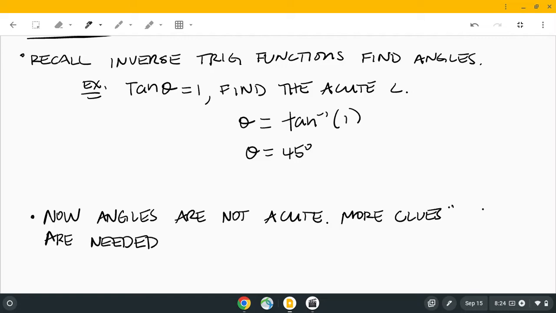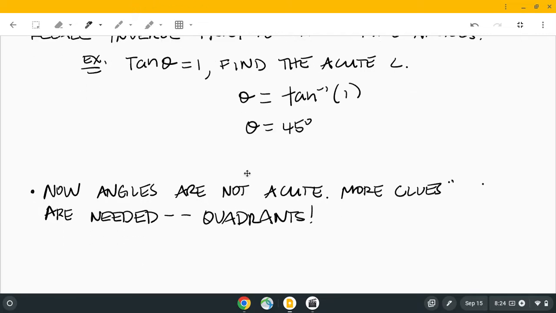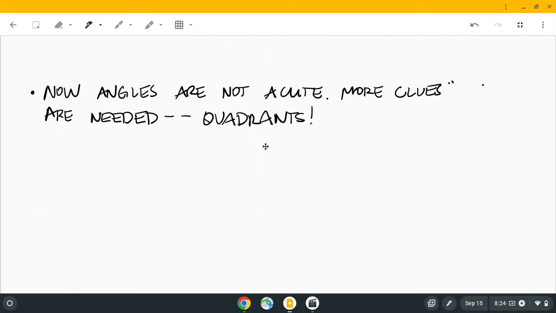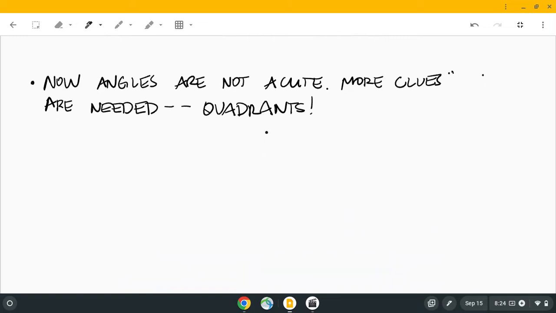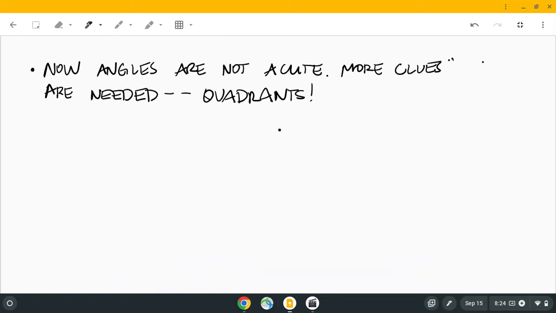So what are those clues? Quadrants. Here we're going to need to know what quadrant the angle lies in. So let's take a look.